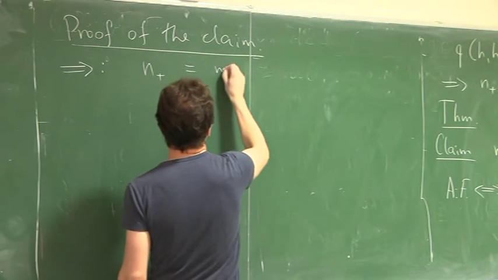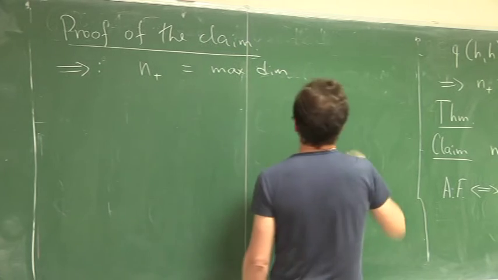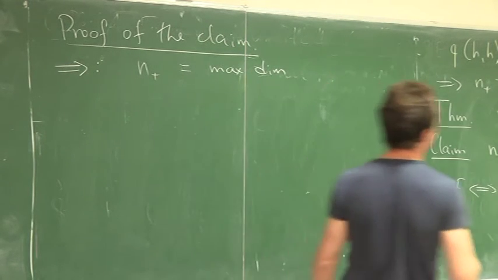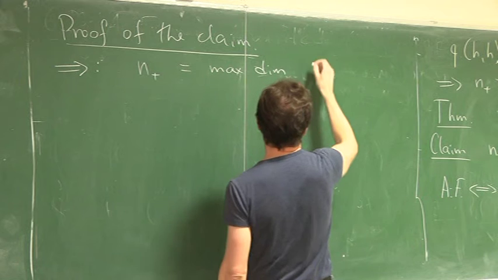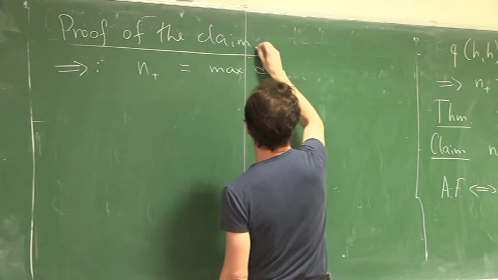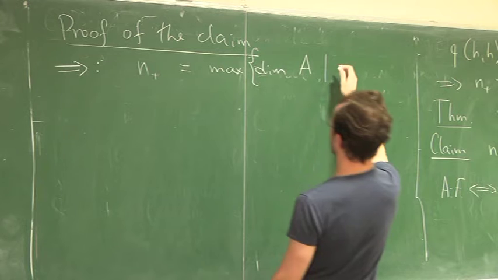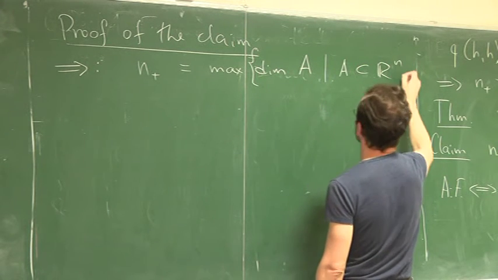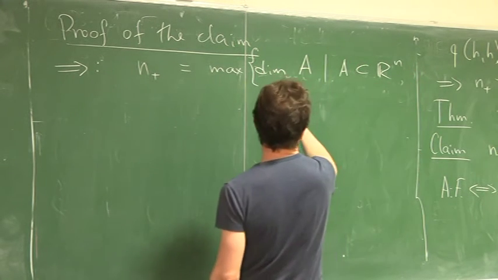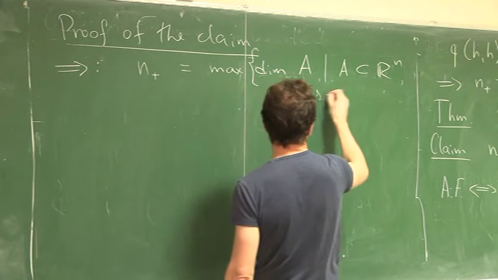So it is the maximum dimension of A such that A is a subset of R^n and Q restricted to A is positive definite.